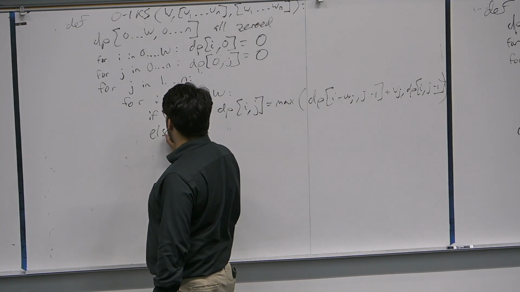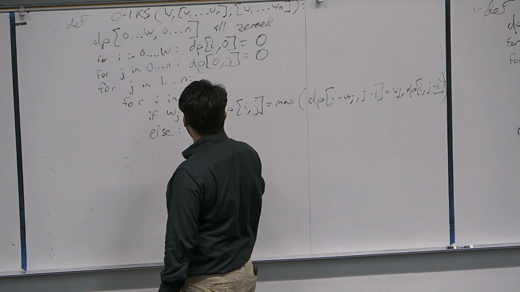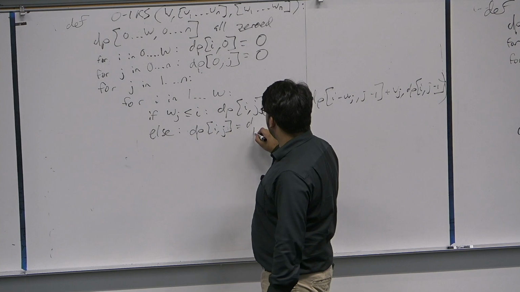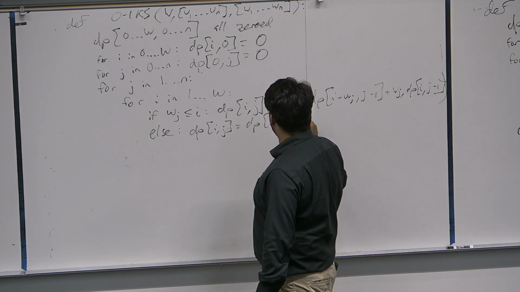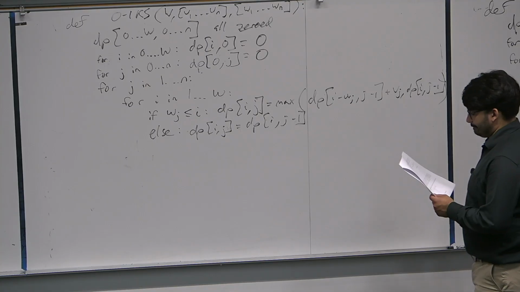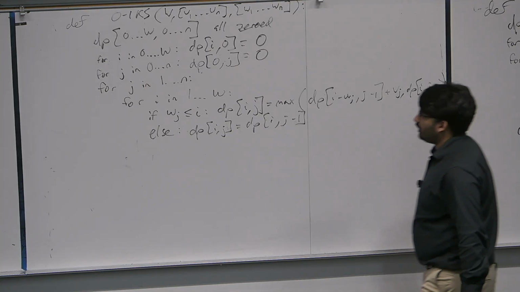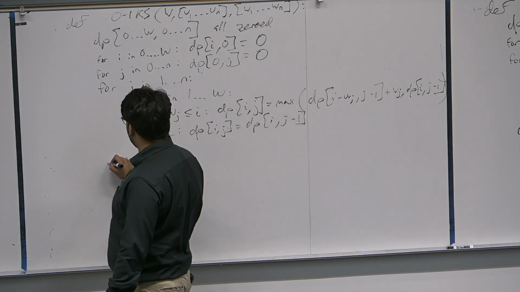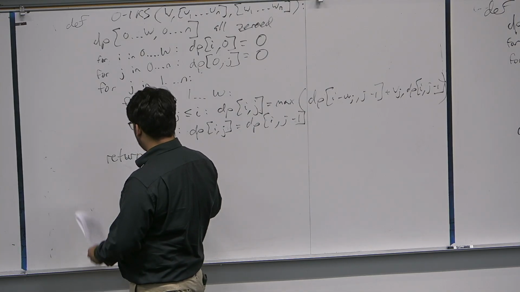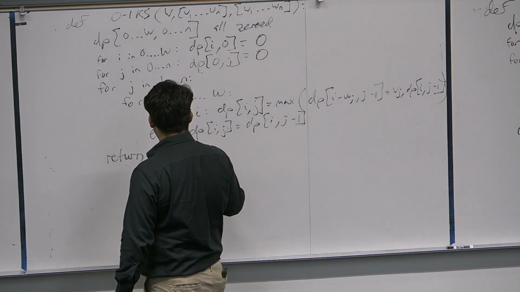And if we can't steal it, then dp of I comma j just goes to the option as if we never considered it. And then we return dp of w, n. Done.